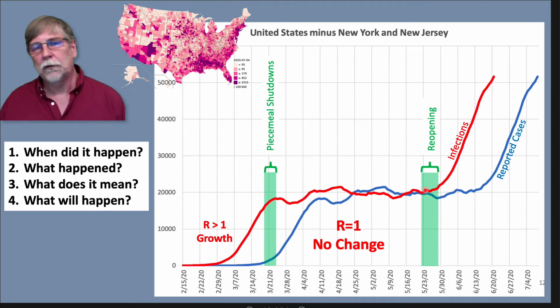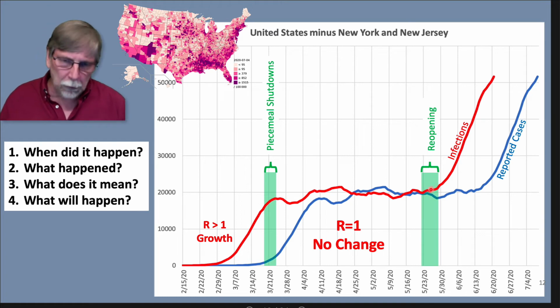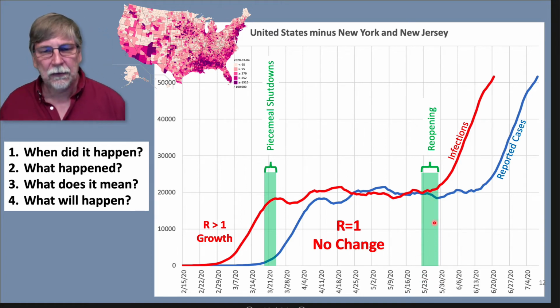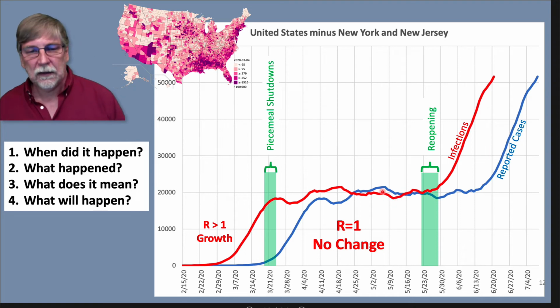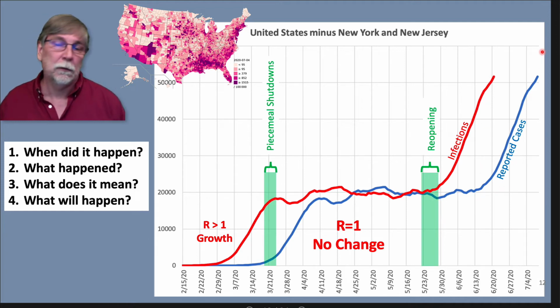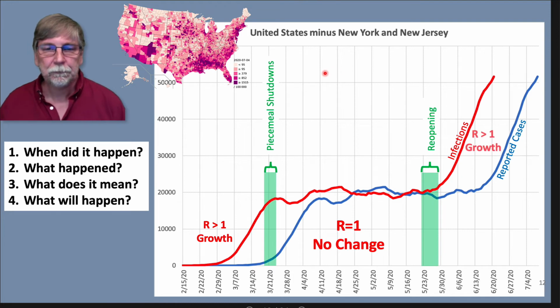This was when people were screaming, reopen, reopen, reopen. And so it was in mid to late May that the reopening started taking place. And sure enough, what happened throughout the nation is that the number of infections started screaming upward again. And 2.5 weeks later, there you see the number of reported cases going with it.